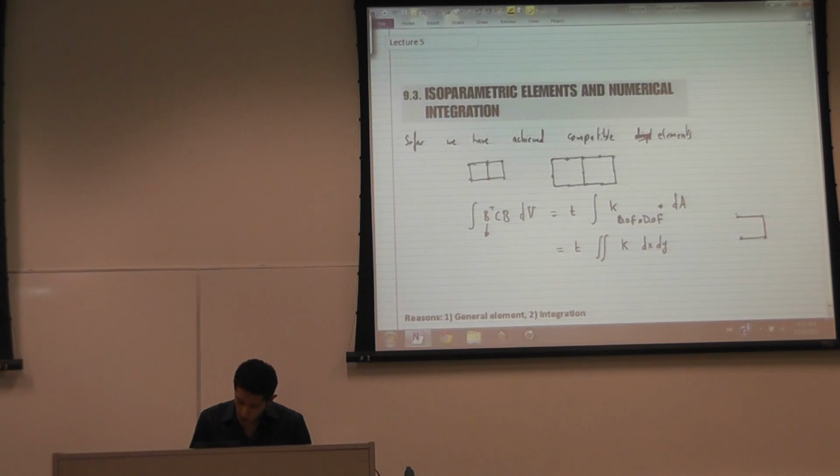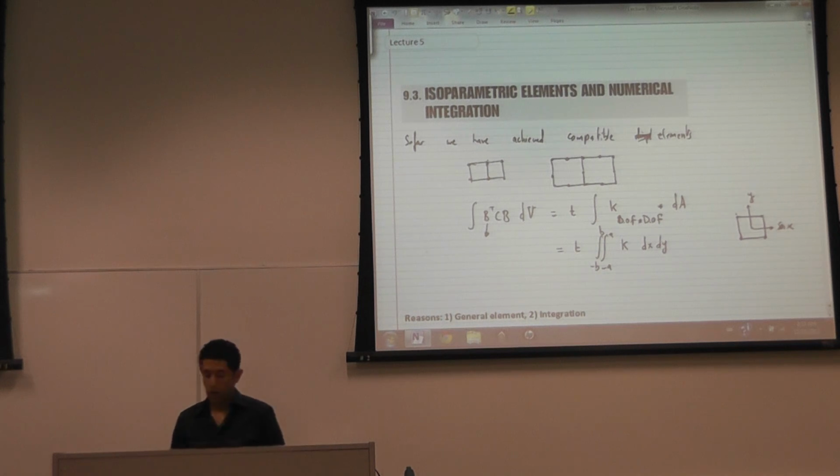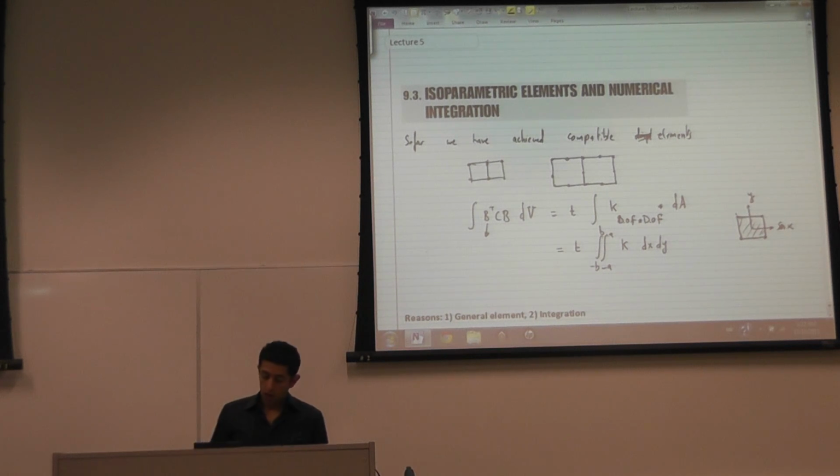Let's say we're talking about this element. This is x and y. So x is from negative a to a, and y is from negative b to b. So the integration domain is very simple. I can integrate on this element. Now the integration is done. This K is an 8 by 8 matrix.